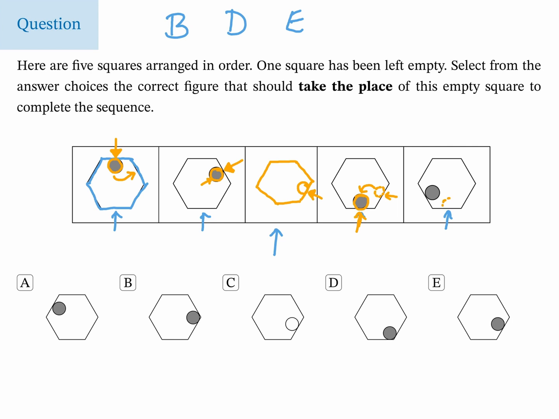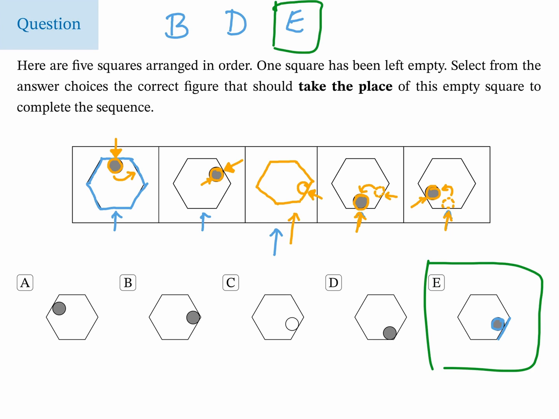And then finally, it's gone from the middle of the bottom edge of the hexagon to touching the middle of the bottom left edge of the hexagon. So what we're looking for in our missing square then is one where we have a white hexagon and a gray circle touching the middle of the bottom right edge of the hexagon. And the one that best describes this is answer option E.